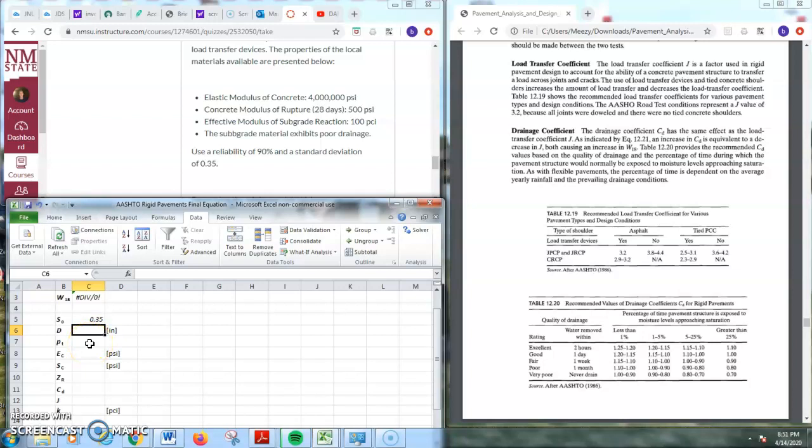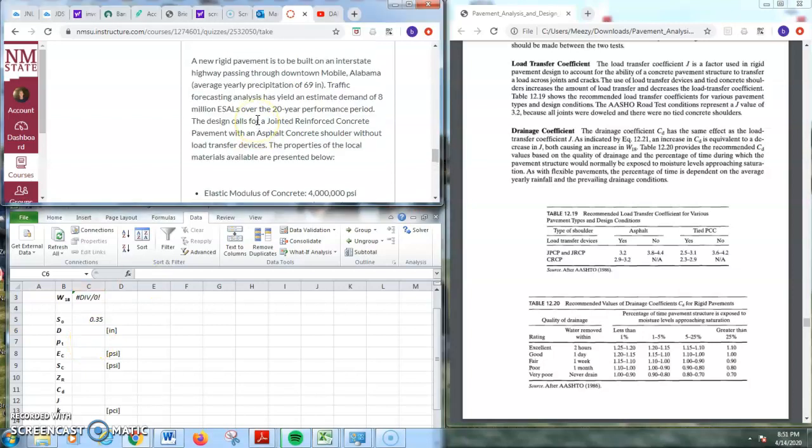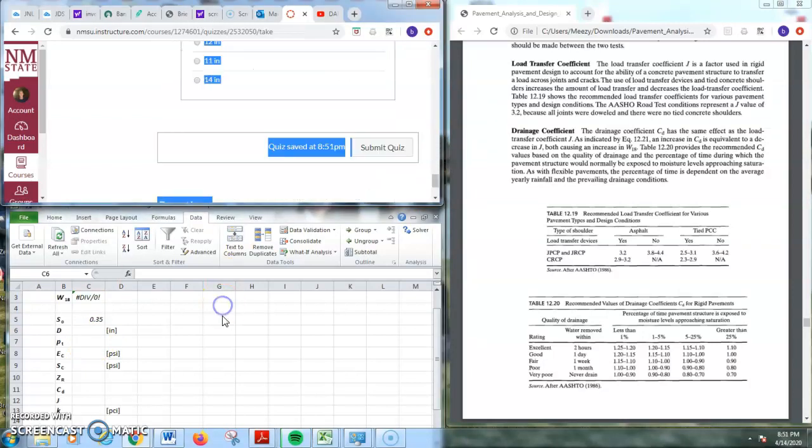The layer depth is what we're looking for, the slab thickness.